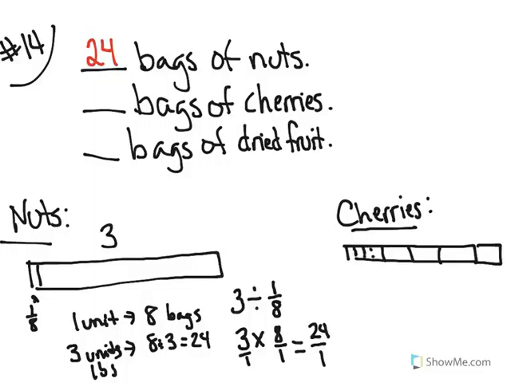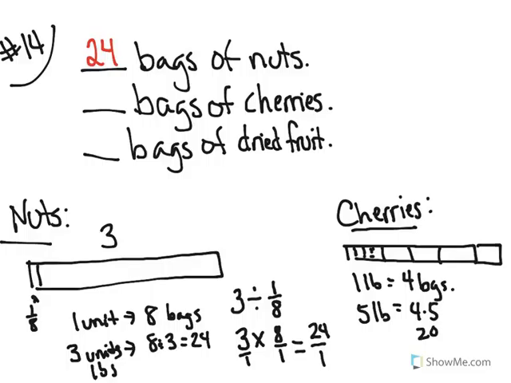So if I take my 5 wholes and I divide it, I can see that 1 pound equals 4 bags. So that would mean that if I have 5 pounds, I can do 4 times 5, and I would get 20.